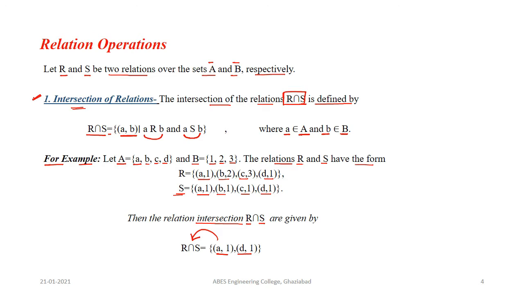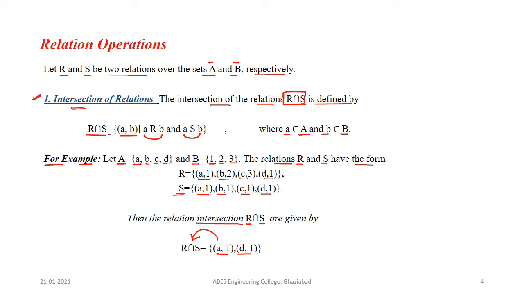So now we will discuss the various operations that we can perform over the relations. Now let us suppose R and S are two relations over the sets A and B respectively. These are the two relations that are defined on the sets A and B. So the first operation is the intersection operation.